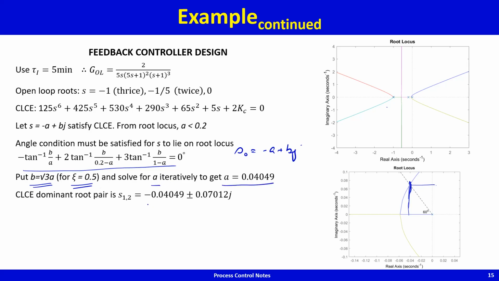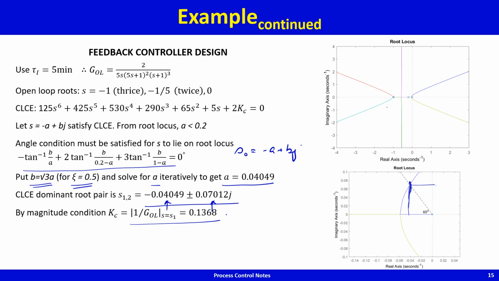And so the closed loop dominant root pair is this, where the imaginary part is square root 3 times the real part. Now that we have the dominant root pair, we can get Kc using the magnitude condition, which gives us a Kc of 0.1368, which is actually not very large.